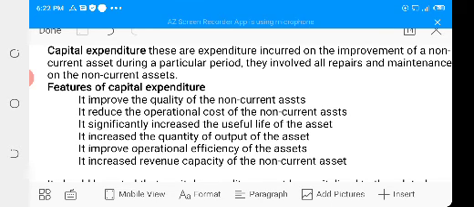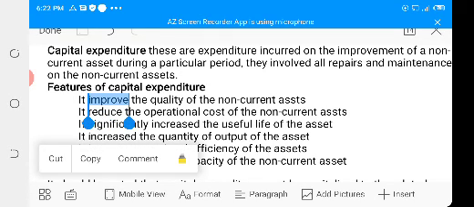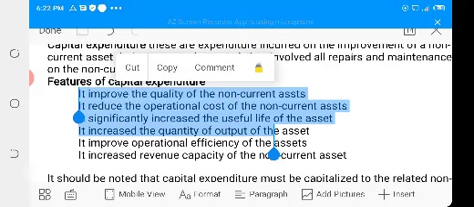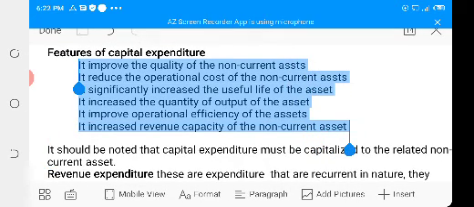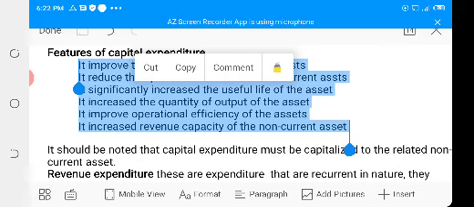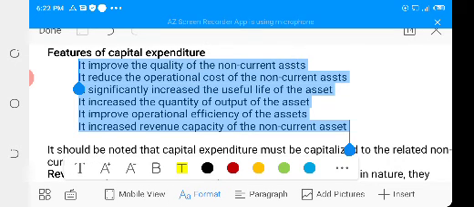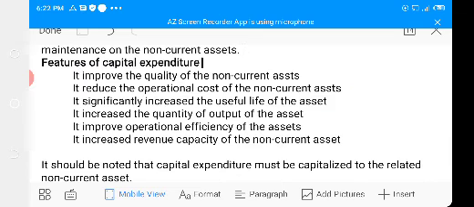Now, what are the features of capital expenditure? If you are asked in an exam, the features of capital expenditure, this is what I gave out. So how many features do we have here?